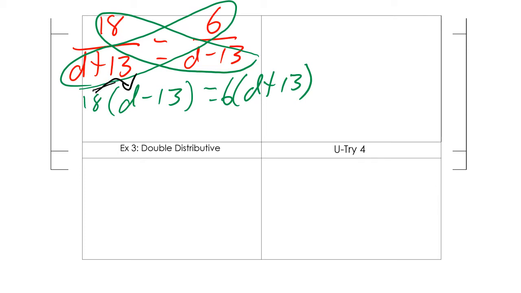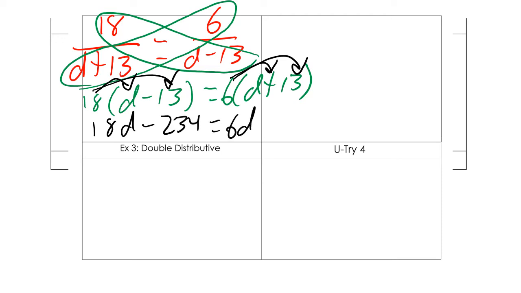I'm going to distribute to get rid of the parentheses. 18 times d is 18d. 18 times negative 13 is negative 234. 6 times d is 6d. 6 times 13 is positive 78.